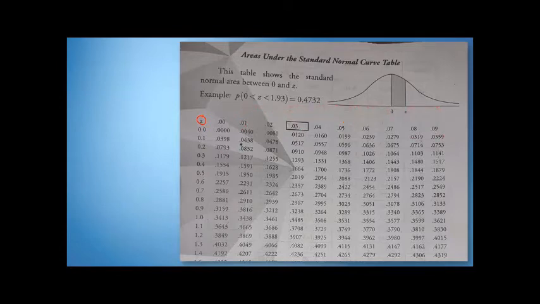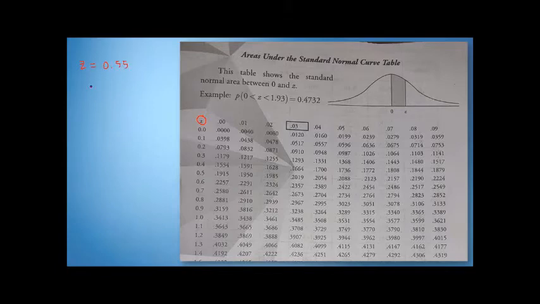Now, ito namang tig-apat na decimal, ito na yung tinatawag nating areas under the normal curve. So halimbawa meron tayong given na z-score, tapos hahanapin lang natin dito yung area. Halimbawa, ang z-score ay 0.55.